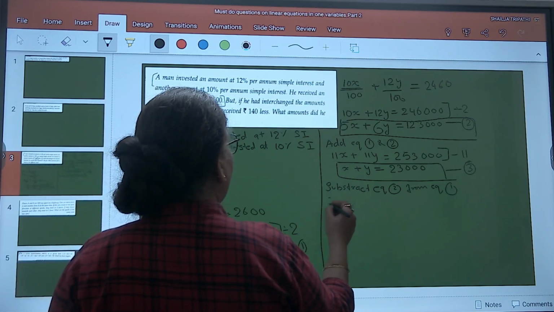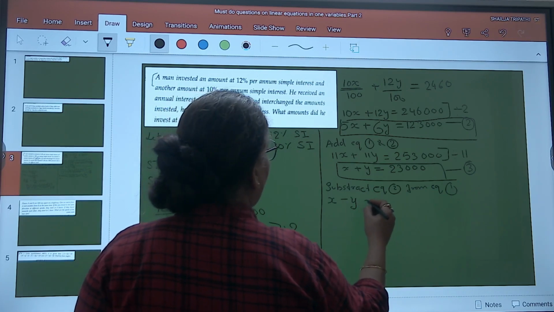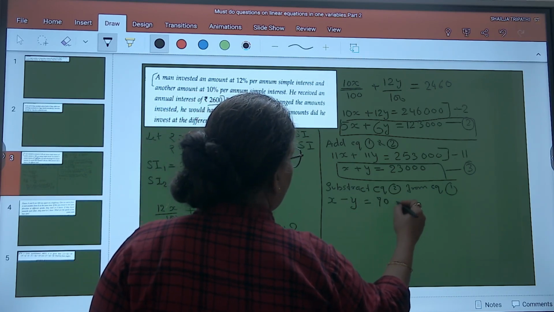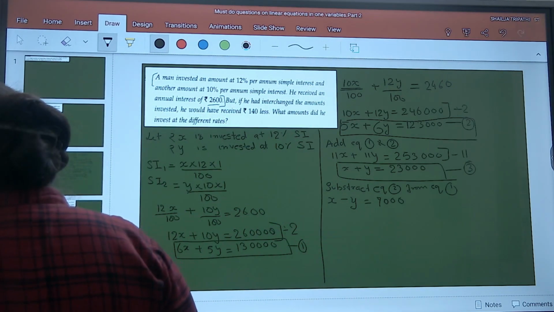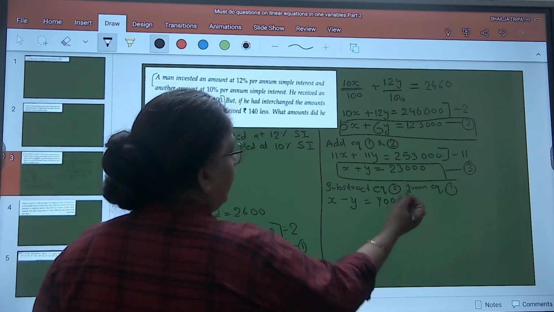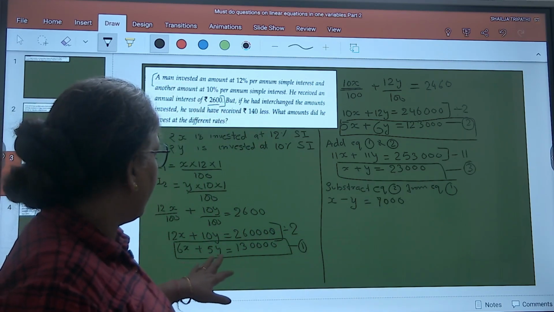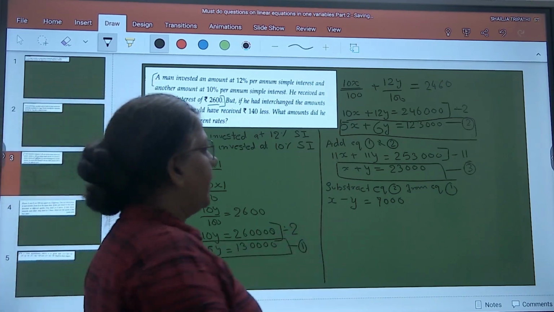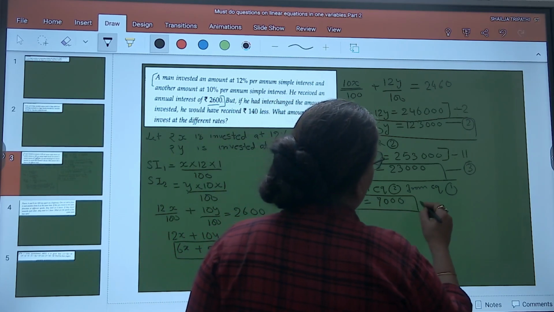So you get x minus y is equal to 7,000. You can do it in your rough work, that on subtracting equation 2 from equation 1, you get this value. So this will be our equation number 4.